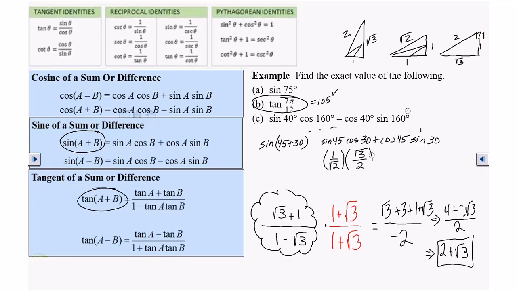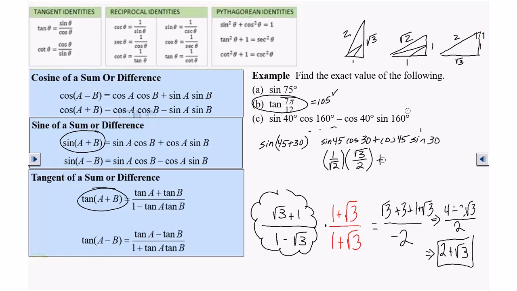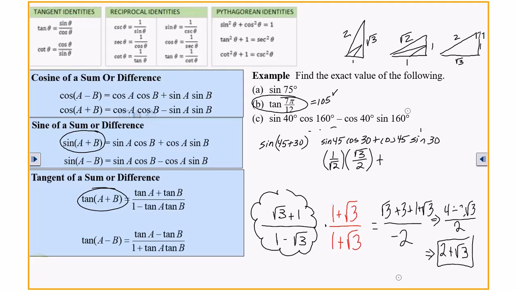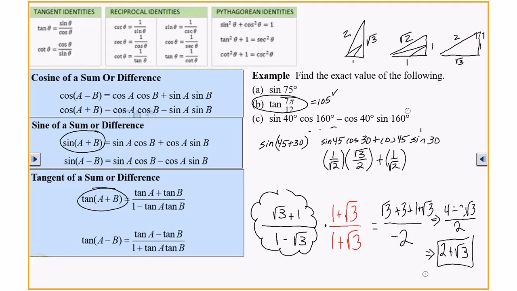I was doing the tangent of 30 when I was doing 1 over square root of 3. Plus the cosine of 45, which would be 1 over the square root of 2, and sine of 30, right here, is 1/2. Y'all check me on that, and I think you'll see that I messed up on that square root of 3 over 2 on the previous problem.